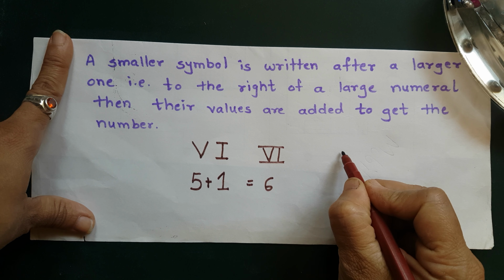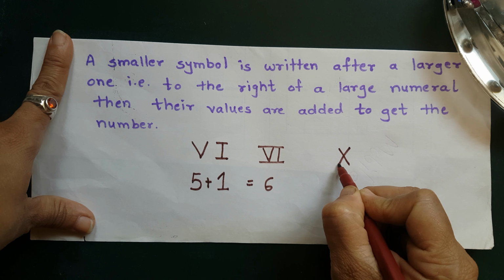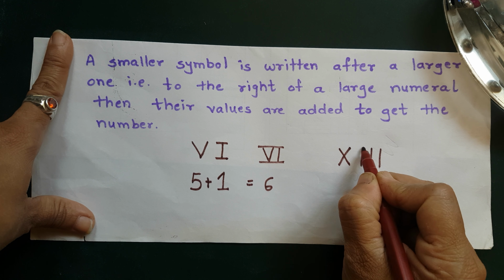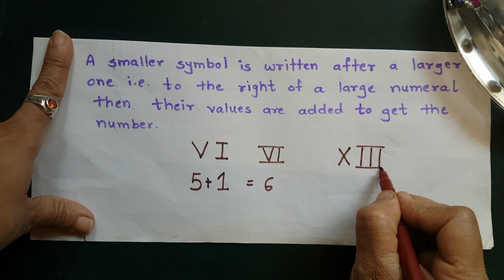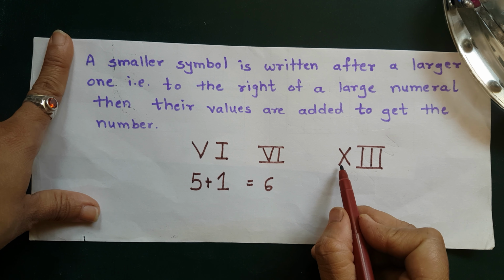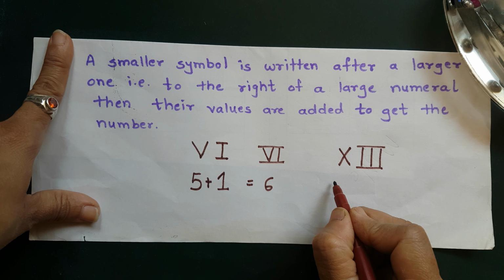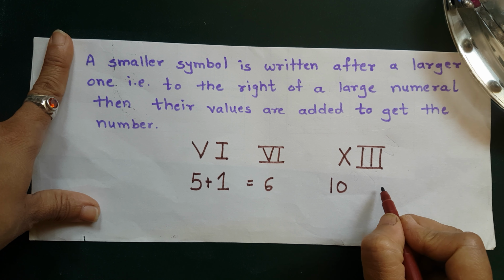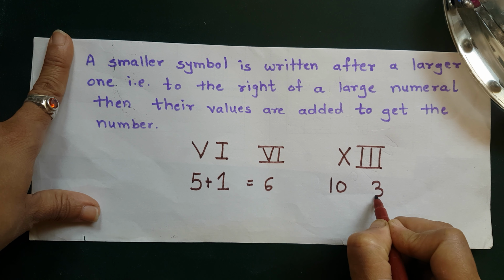Let's see another example. If I write X and if I write triple I next to it. Now the value represented by X is 10 and the value represented by triple I is 3.